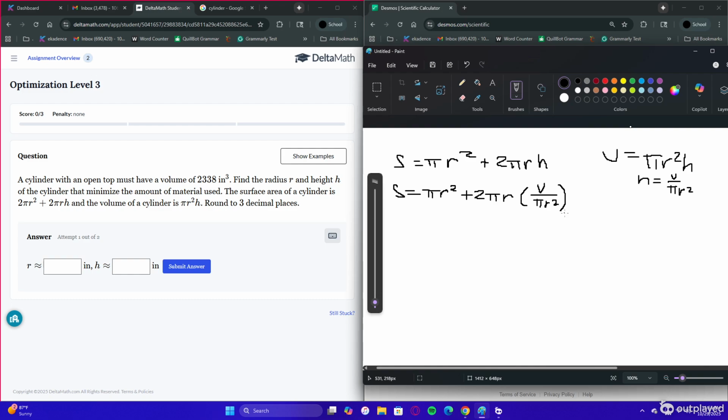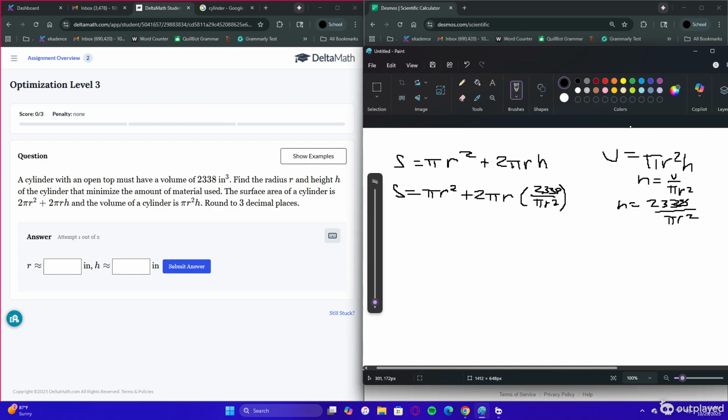Now if we look right here, we have v, but remember that v is 2,338. So that's our v. So h equals 2,338 over pi r squared.